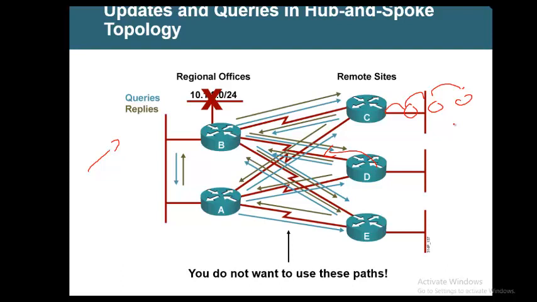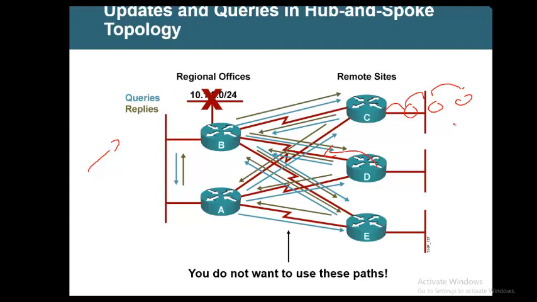Now you need to go to all the spokes and configure stub, so that these three routers will go beforehand, before the problem starts, before you lose that network going to the regional office from B, and C, D, and E will report to B, saying, I am only capable of doing these things.